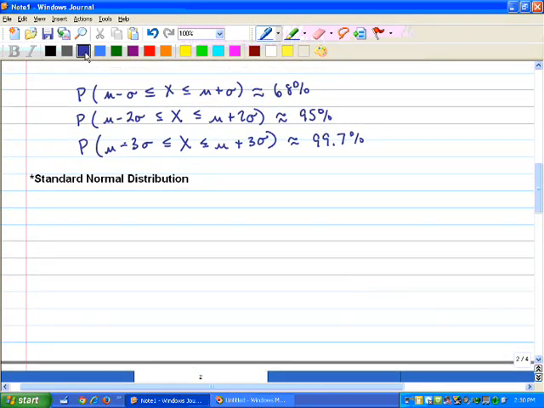The standard normal distribution is a special normal distribution with the mean equal to 0 and standard deviation equal to 1.